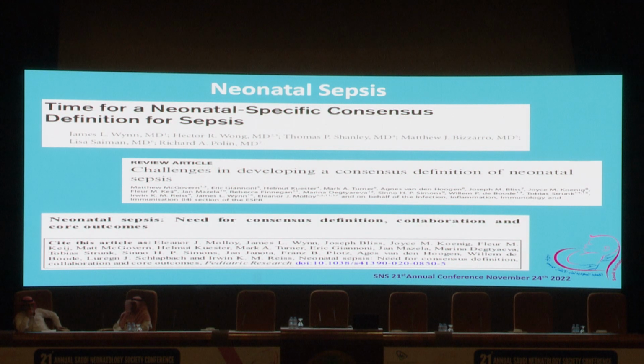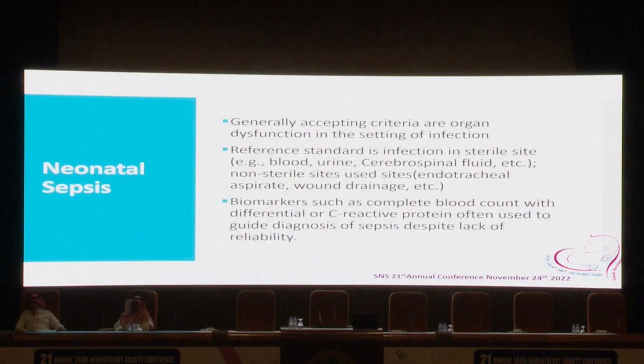A lot of publications and a lot of physicians try to address the challenge of defining neonatal sepsis and how we can establish a definition. But till now, we don't have a really clear or exact neonatal sepsis definition.